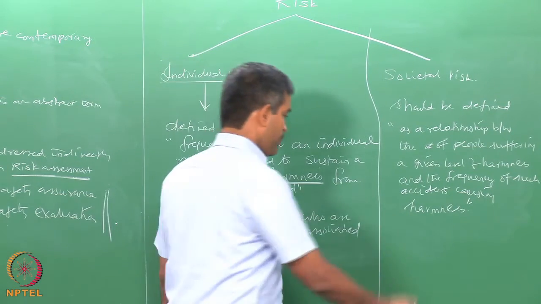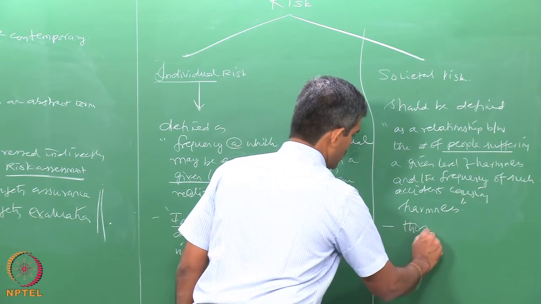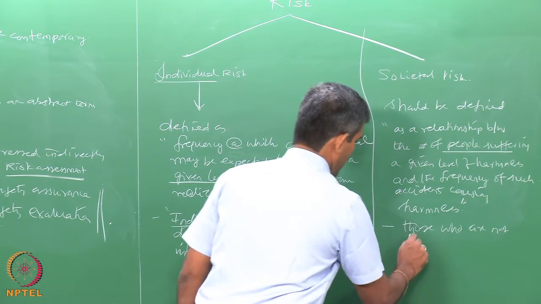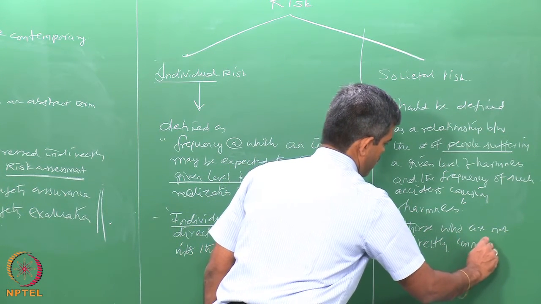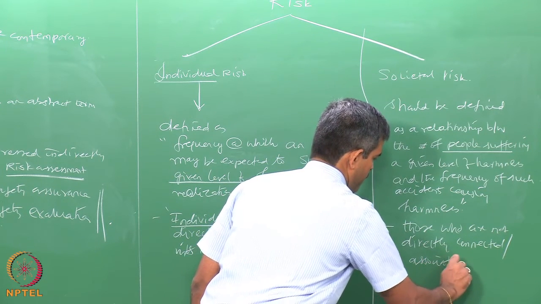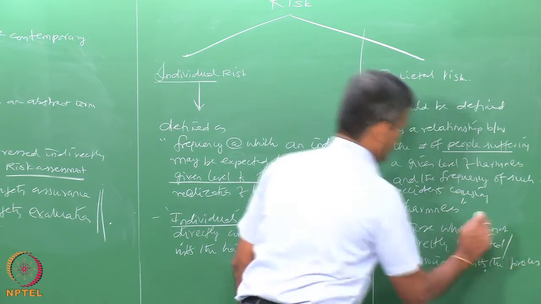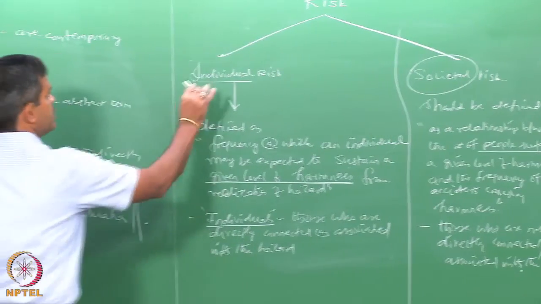Please understand, here the people refers to those who are not directly connected with the hazard. That is why we say it is societal, it is not individual.